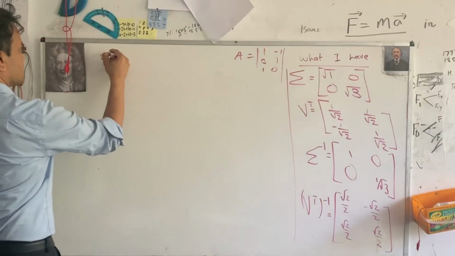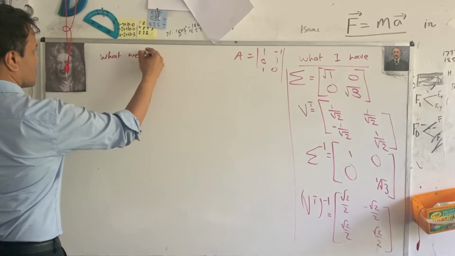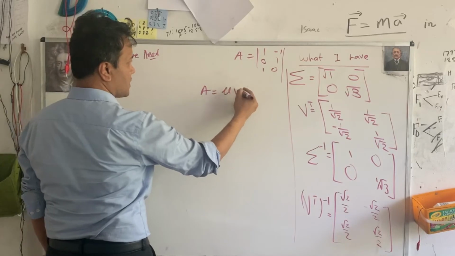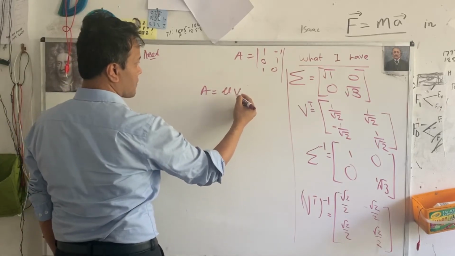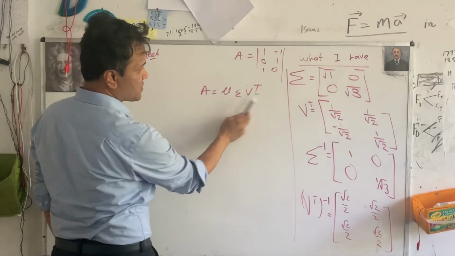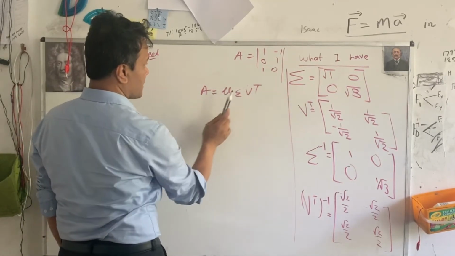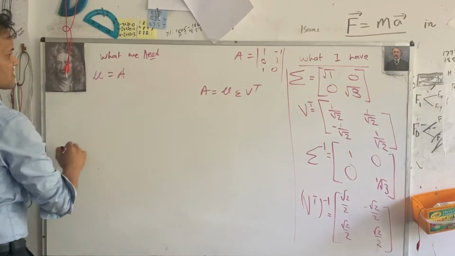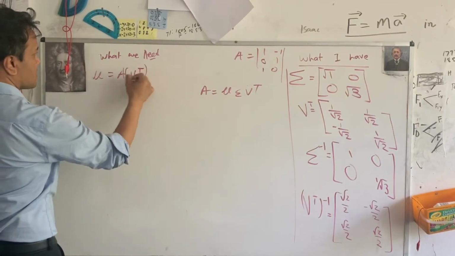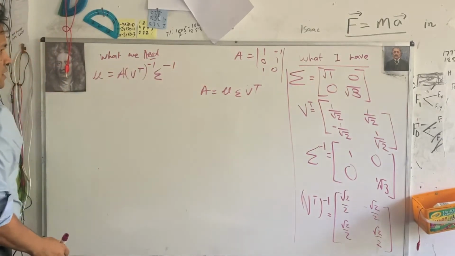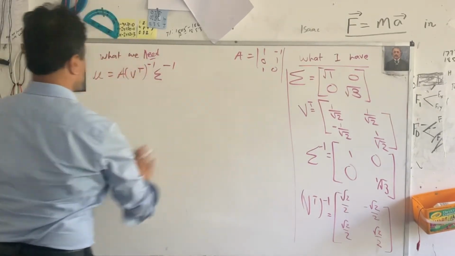Now what do we need? We need A. A is U sigma V transpose. Do we have V transpose? Yes. Sigma, we have sigma. We don't have U. So let's find the U. U is A times V transpose inverse times sigma inverse.